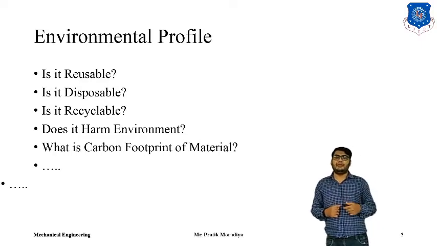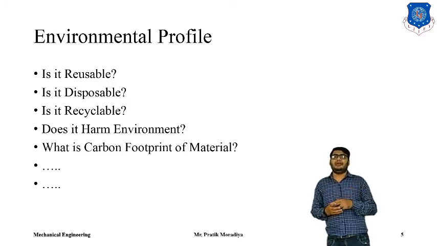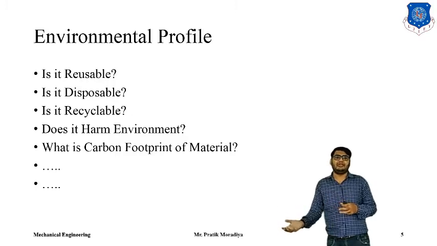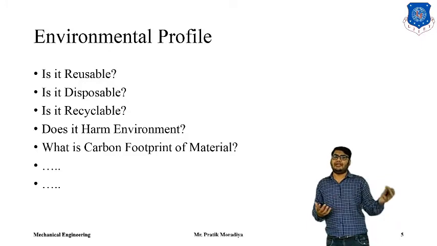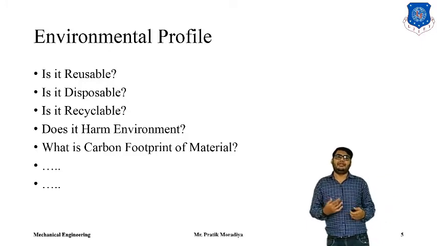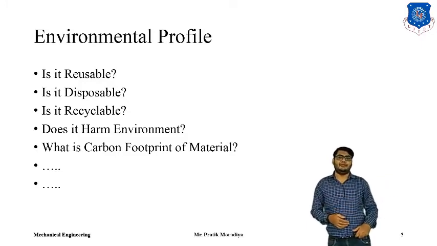The carbon footprint is the amount of carbon dioxide that will be there in the environment due to the use of a particular material, from its extraction to manufacturing to disposal, all this life cycle considered, and so many other things we consider in the environmental profile.